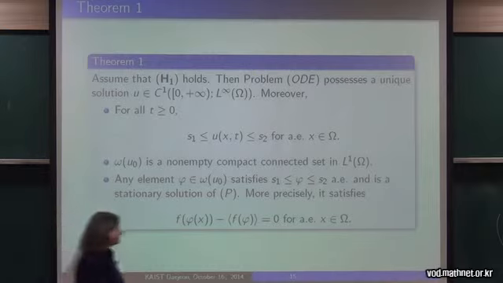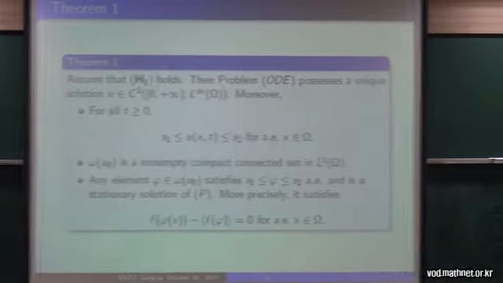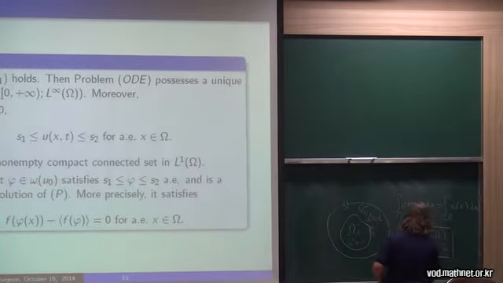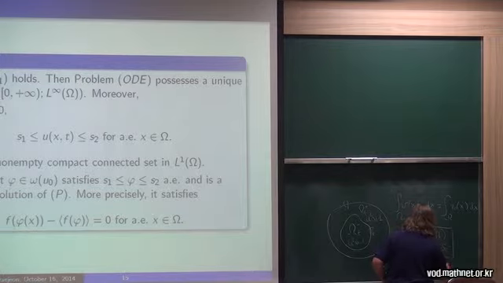So you see, that means that the segment s1, s2 is an invariant set. Having hypothesis H1, we can show that u at each time, u of x and t, I write just u of t on the blackboard, is between s1 and s2.